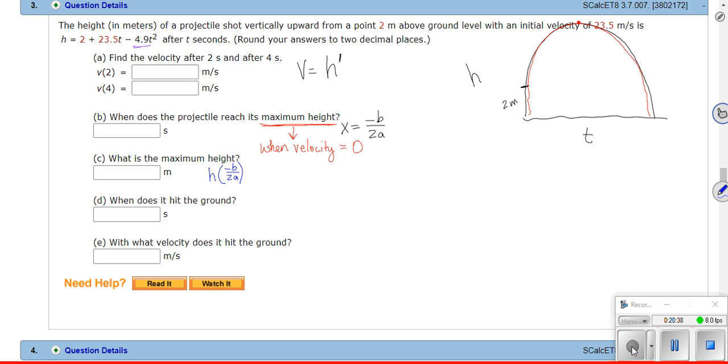That would give you your maximum height. Once you figure out the t coordinate of the vertex, you plug that back into the position function.